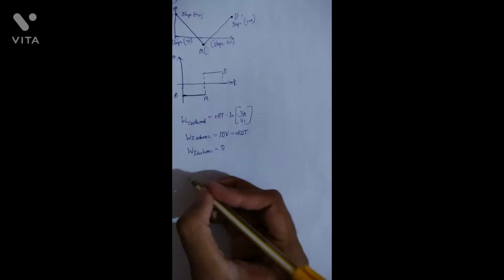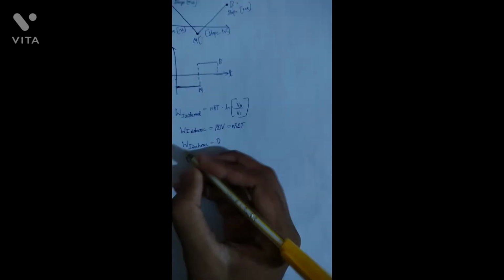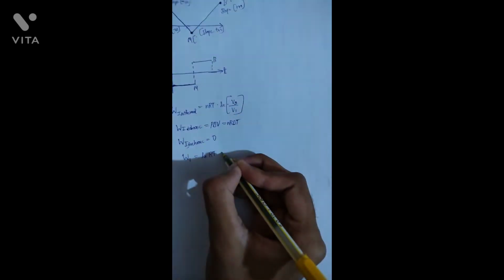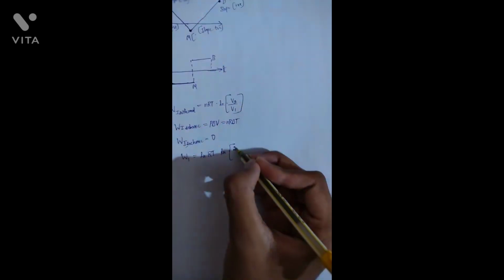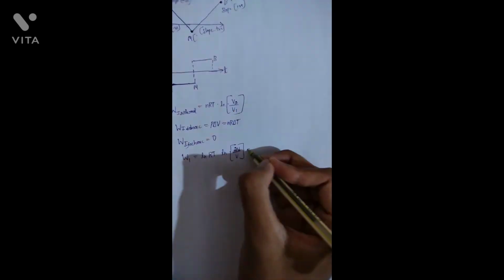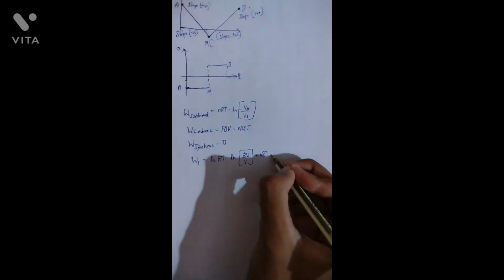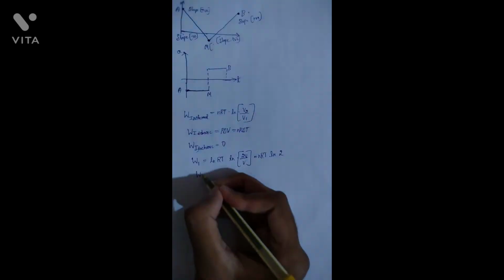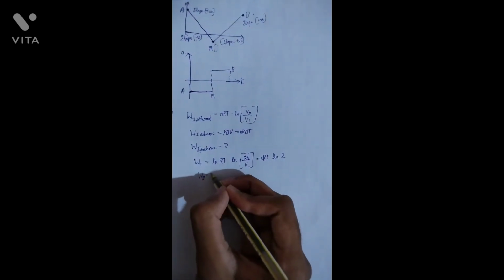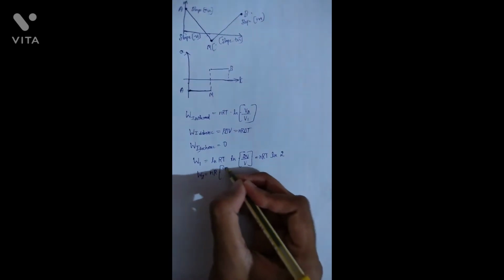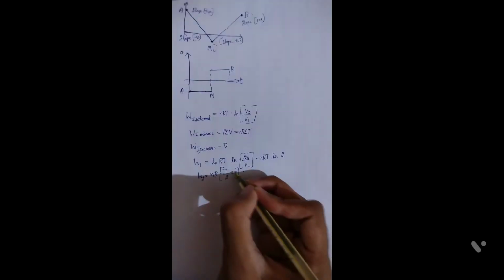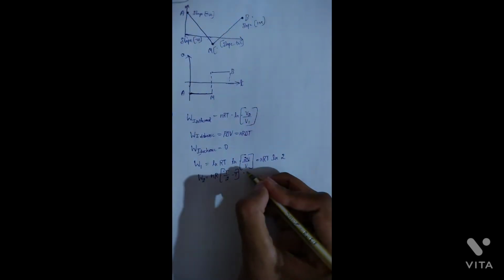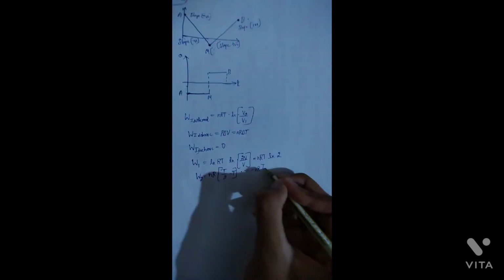Let us take the first one as W1. W1 is equal to nRT ln 2V by V, that is nRT ln 2. W2 is equal to nR times (T by 2 minus T), minus nRT by 2.